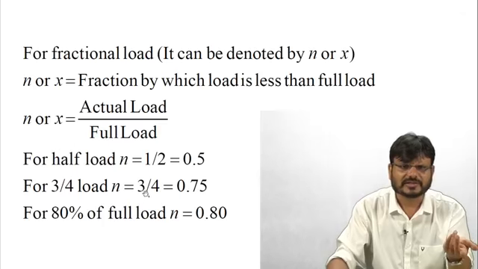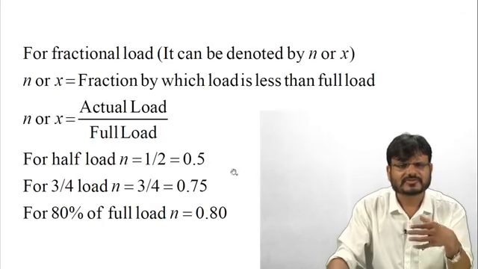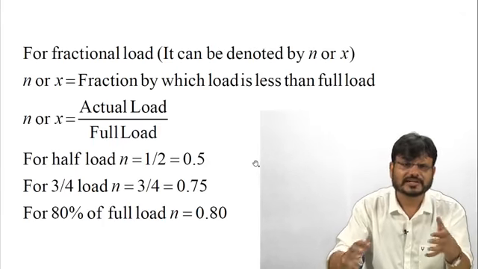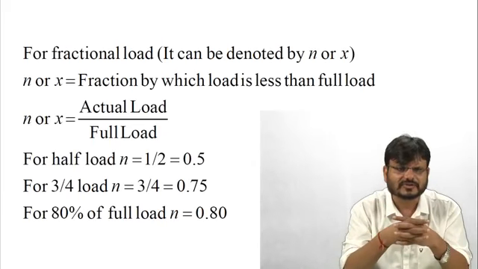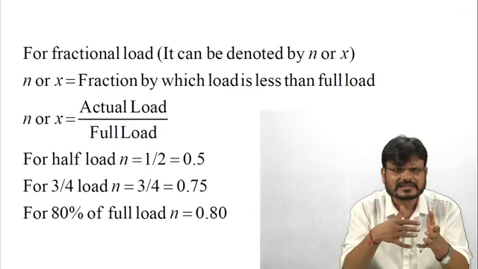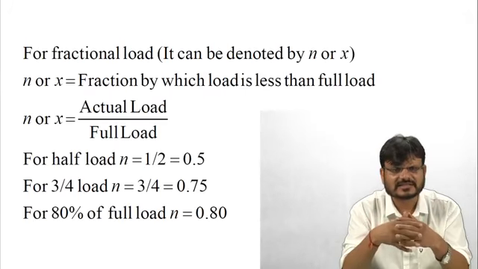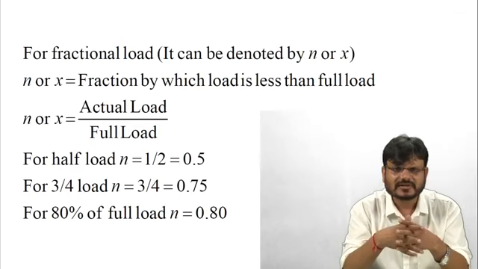This N may be 1 by 2, it may be 3 by 4. Suppose it is asked to find the losses, or the efficiency, at 80% of the full load. Then you can write N or X is equal to 0.8. If it is asked at 70%, then you can write X is equal to 0.7.